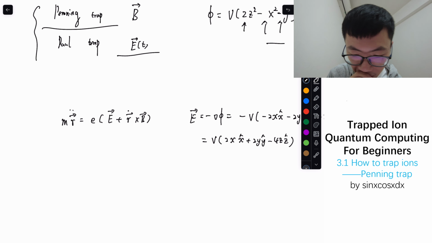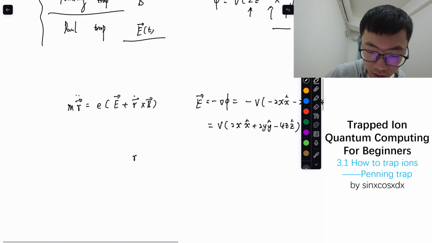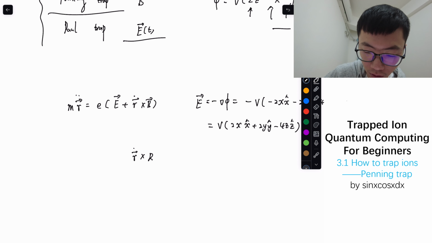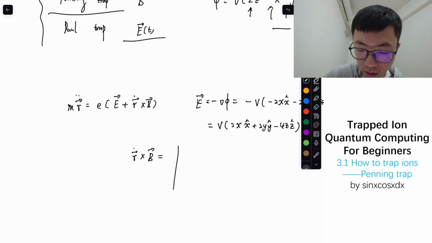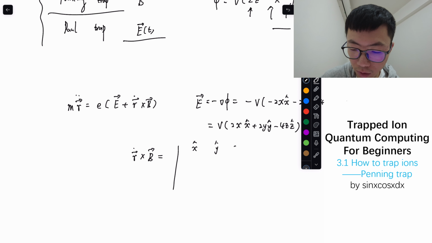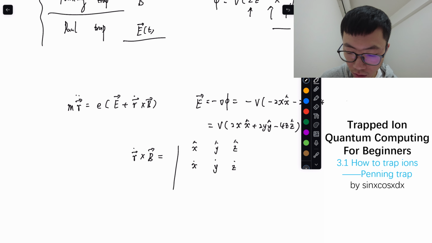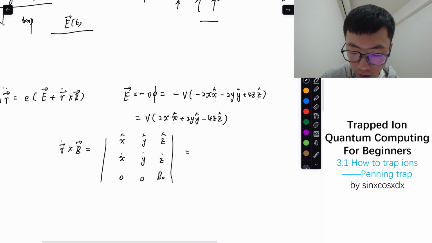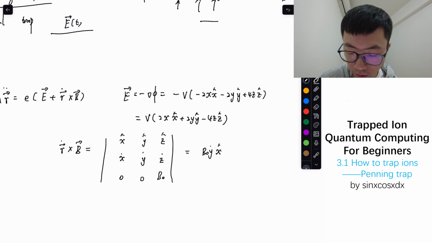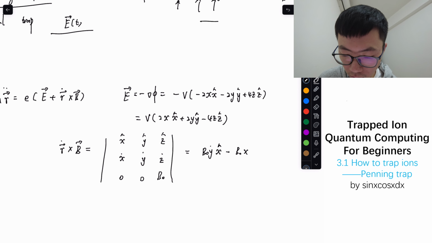Okay, and then what is the velocity cross product? The magnetic field is just (0, 0, B0), right? And we can get B0 times y, and minus B0 times x.